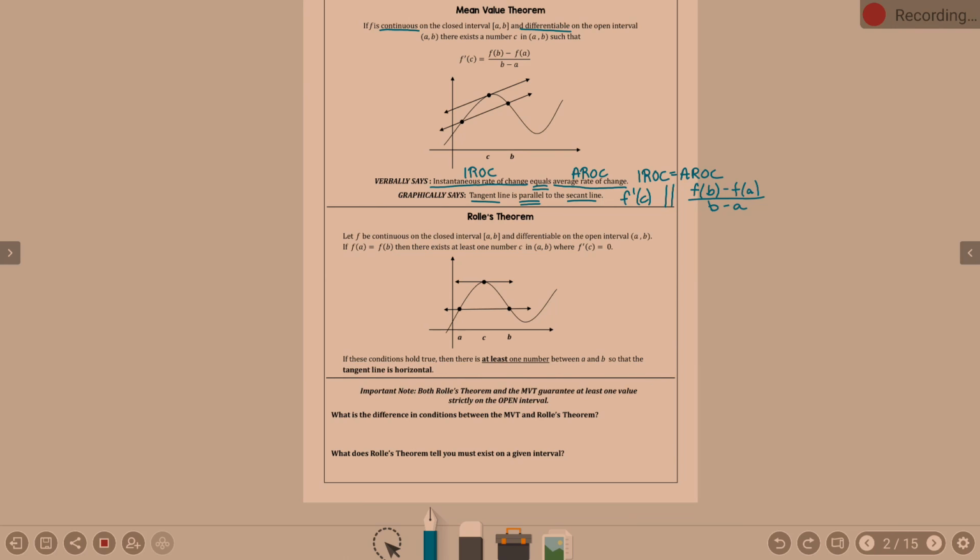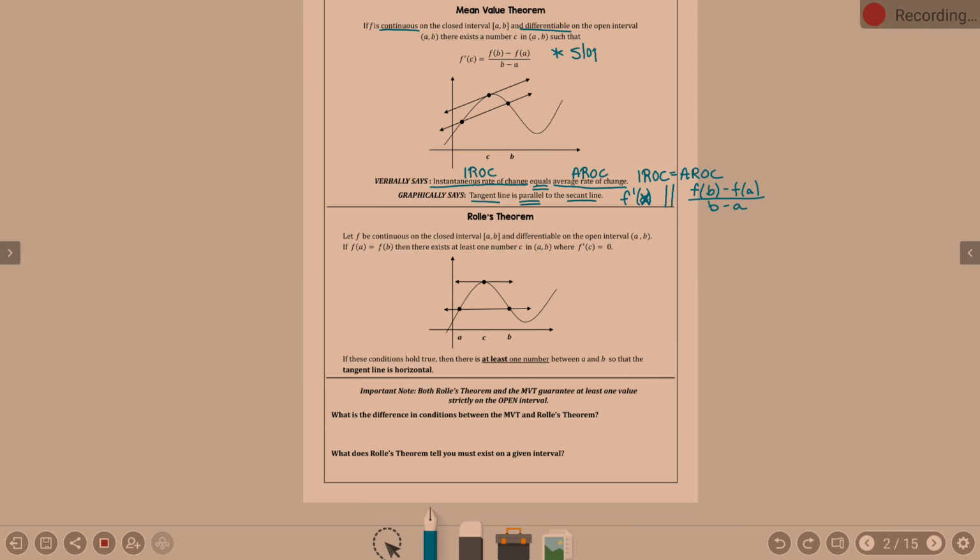Actually, this shouldn't be f prime of c, it should just be f prime of x, I guess. So the slope of the tangent line is equal to the slope of the secant line. One way or another, that's what you need to walk away from this realizing.